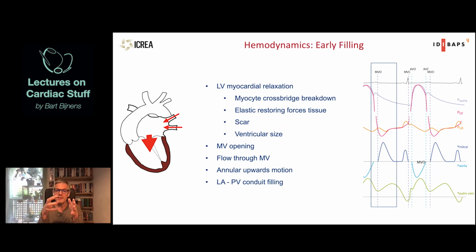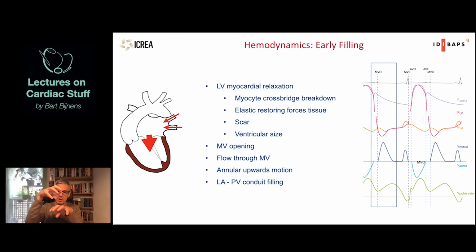But at the moment that the pressure in the ventricle drops underneath the pressure in the atrium, the mitral valve can open, and then blood can start to flow in. Deformation, so filling, can only happen when there's blood flow going on. The velocity of the flow will depend on the pressure gradient, because we can only have flow if we have a pressure gradient.